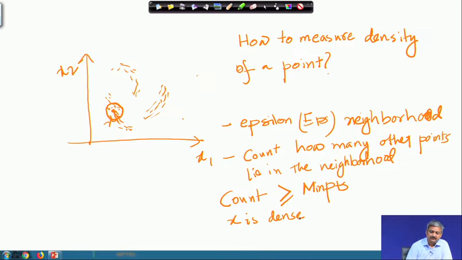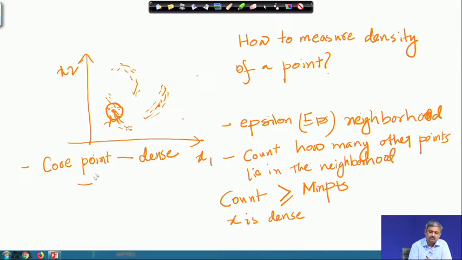In the DBSCAN terminology, a point will be called a core point if it is dense. So, all dense points are core points.